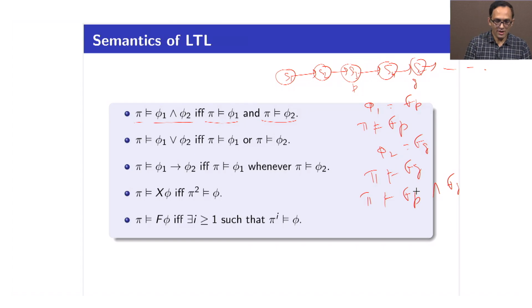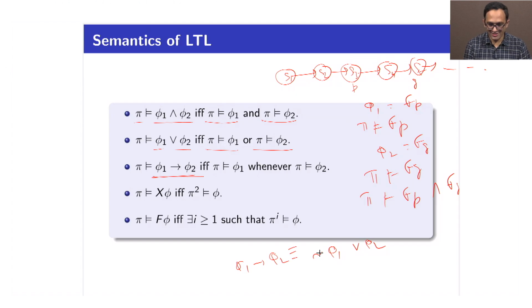And similarly, pi satisfies phi 1 or phi 2 if it satisfies one or the other, right, which is understandable, because if one of them is satisfied, then it will satisfy their disjunction. Similarly for implication, it is basically not phi 1 or phi 2, right. Implication means phi 1 implies phi 2, and it is basically this.